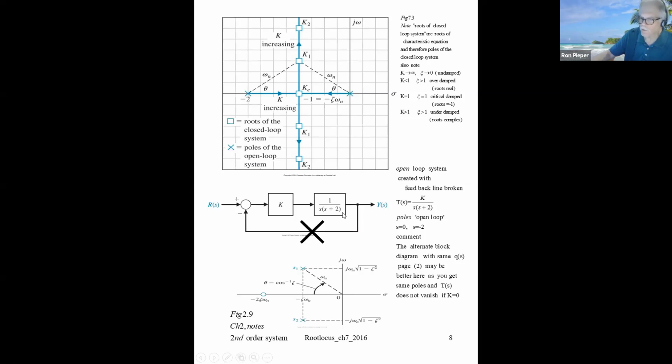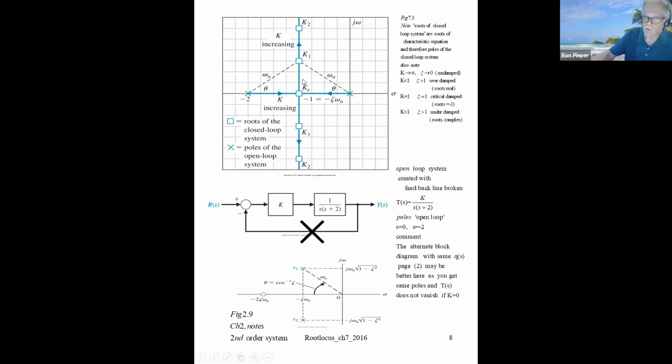And so almost by inspection, here's your transfer function under those conditions. We see that yes, the correct poles would in fact be at s equals 0, the origin, and at -2.